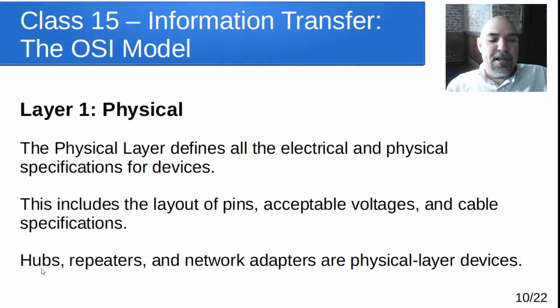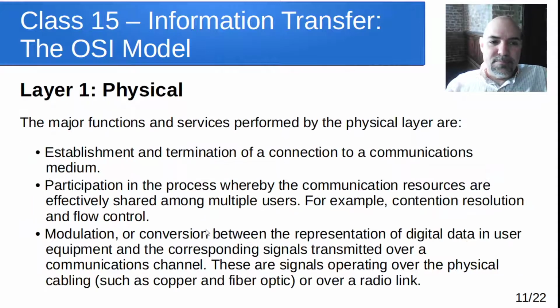Things like hubs and repeaters and network adapters are physical layer devices that deal with getting things onto wires and off of the wires. Hubs and repeaters might also work at higher levels as well, but they're still physical devices that physically encode the data onto wires, or in the case of a Wi-Fi access point, reading the stuff out of the radio frequency waves and transmitting things in that, and then probably also connecting to a wire.